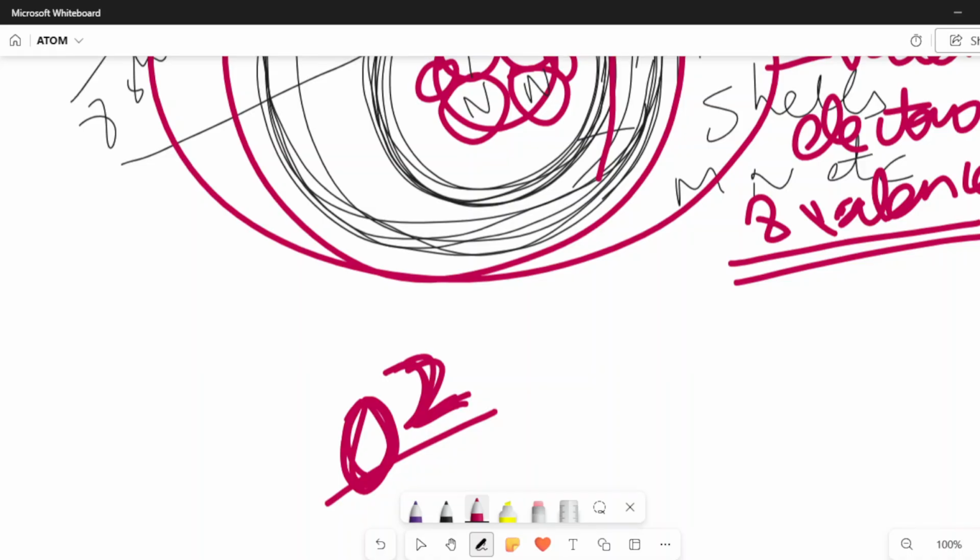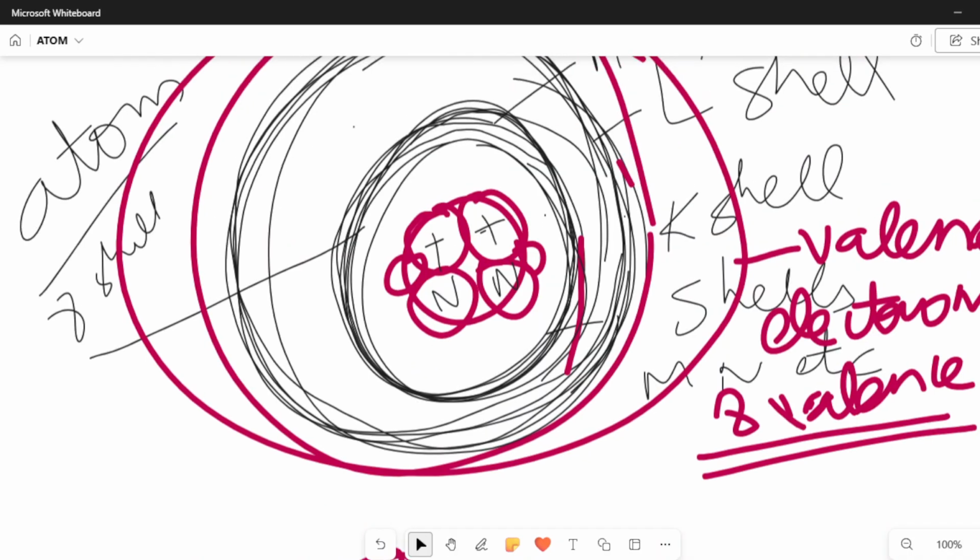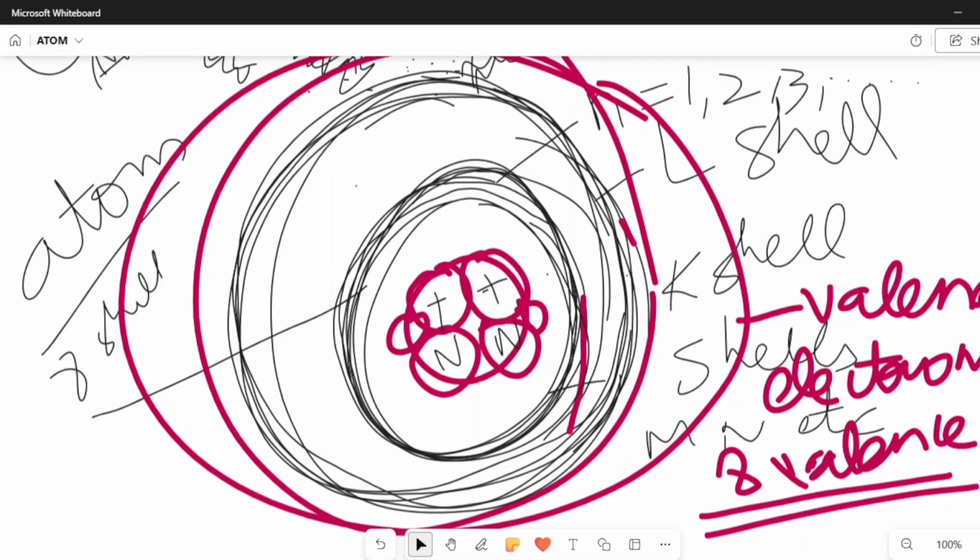Okay, so now apart from these shells, there are subshells inside this atom. So let me go to the top. Here what you have seen is shells, the most probable places where the electron waves, the electron clouds, can be present.